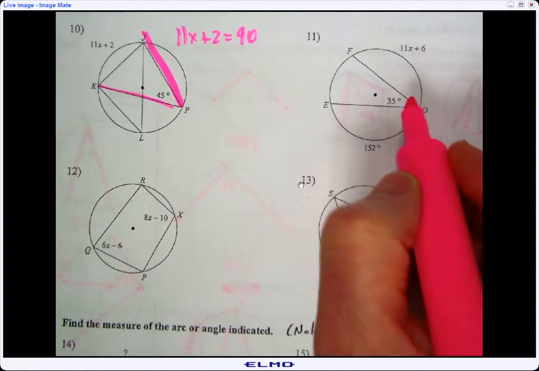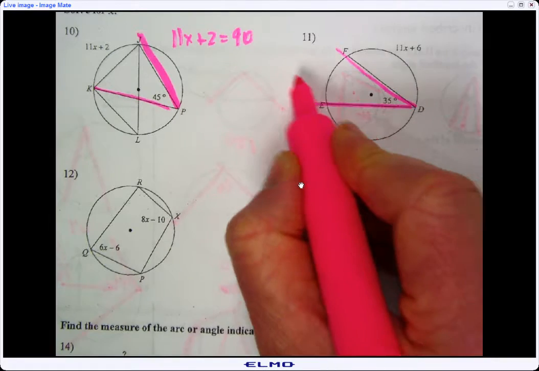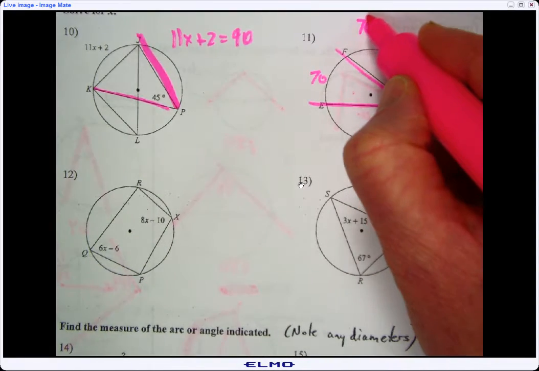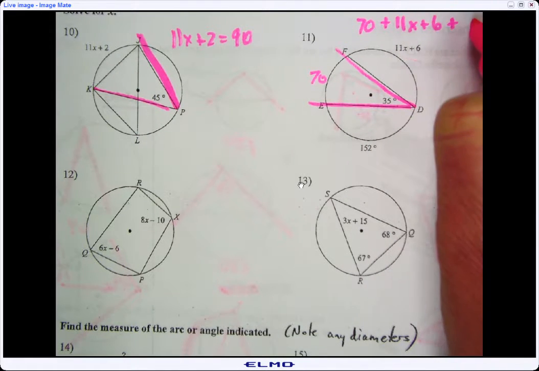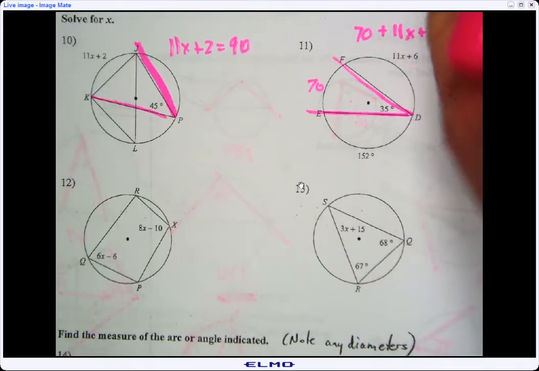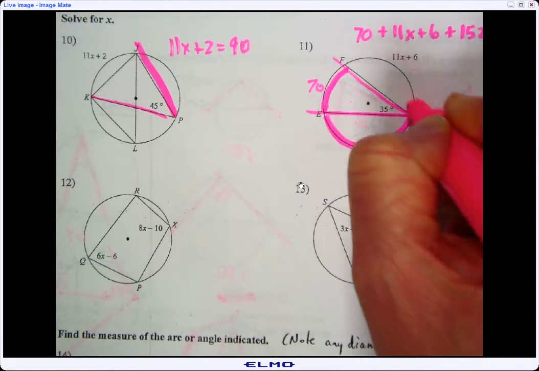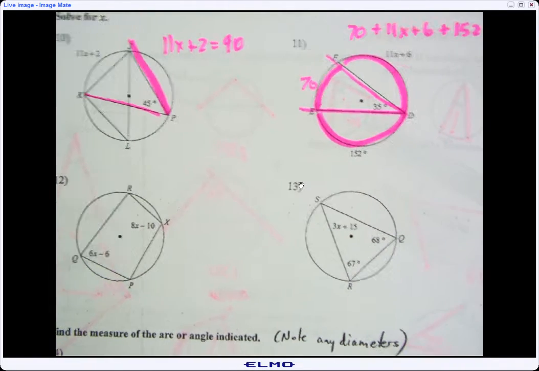Over here, I extend 35 and I double it, that's 70. So these three, 70 plus 11x plus 6 plus 152, all the way around our circle, add up to 360. And solve from there.